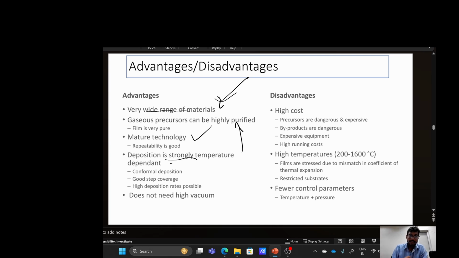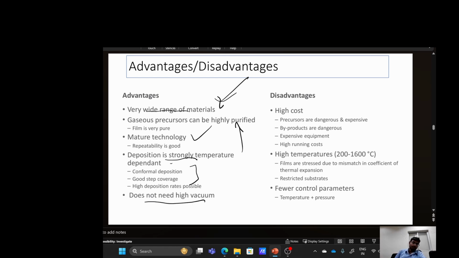Now, a conformal deposition and good step coverage you can see when you tune the temperature. And one of the best things is that it does not require very high temperature or high vacuum.